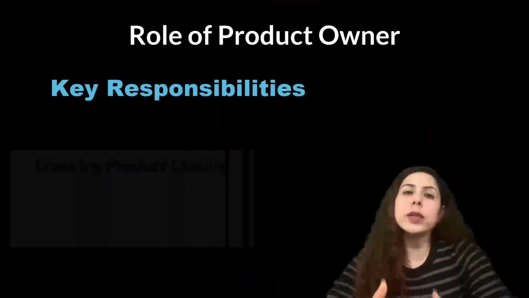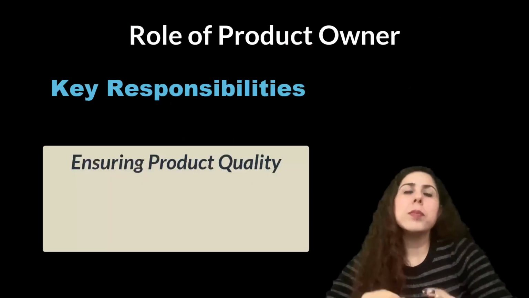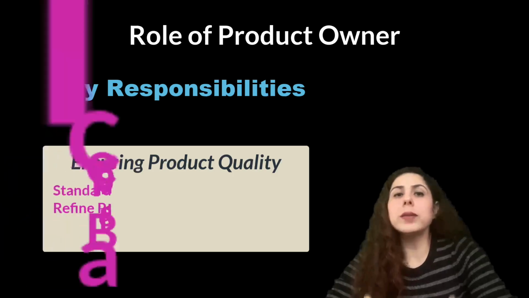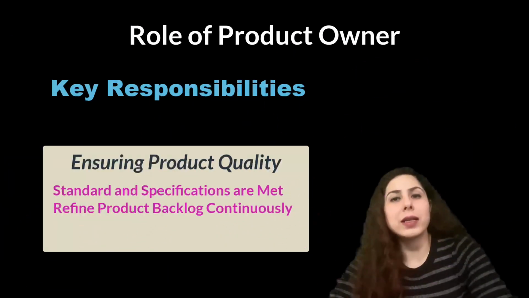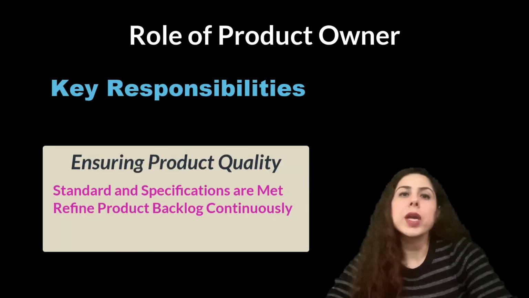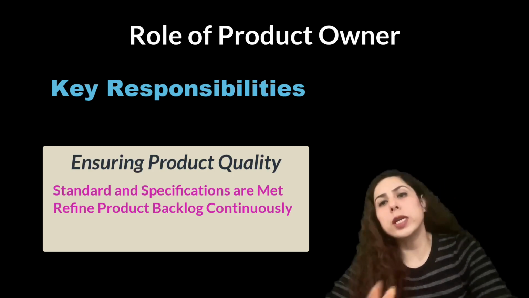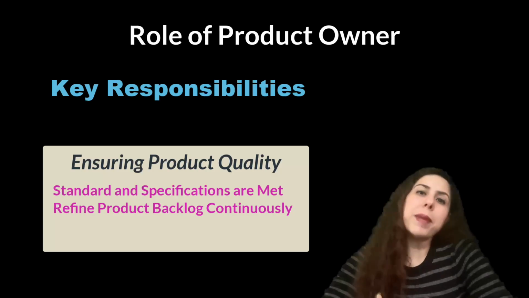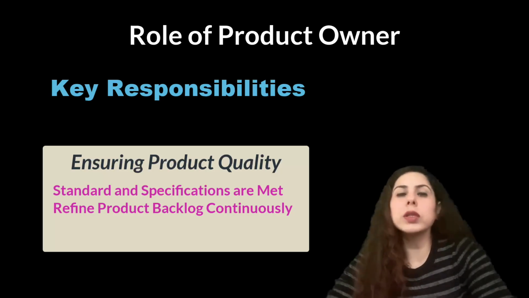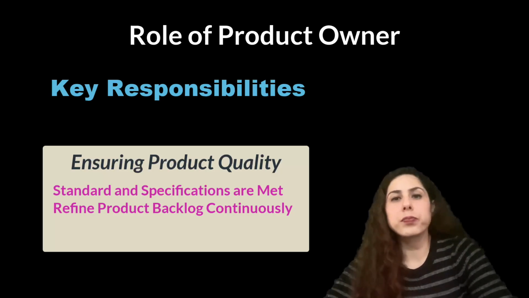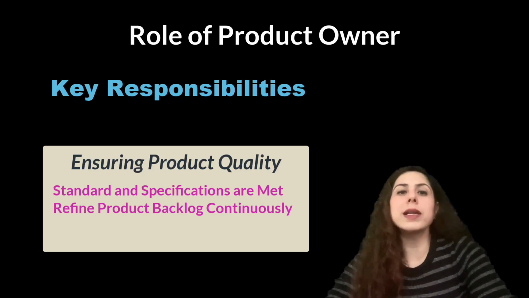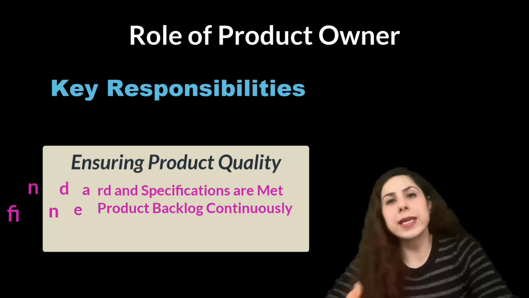Eighth, ensuring product quality. Product owners make sure that the product meets the required standards and specifications. They continuously refine the product backlog to address changing quality requirements and balance quality considerations within the project constraints. Ultimately, their goal is to deliver high quality products that satisfy end users' expectations.